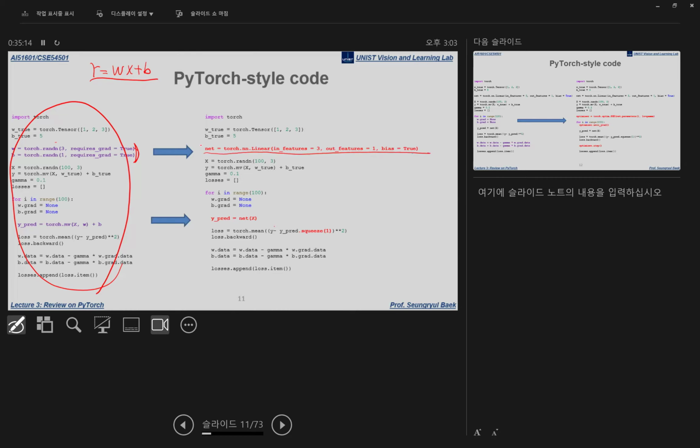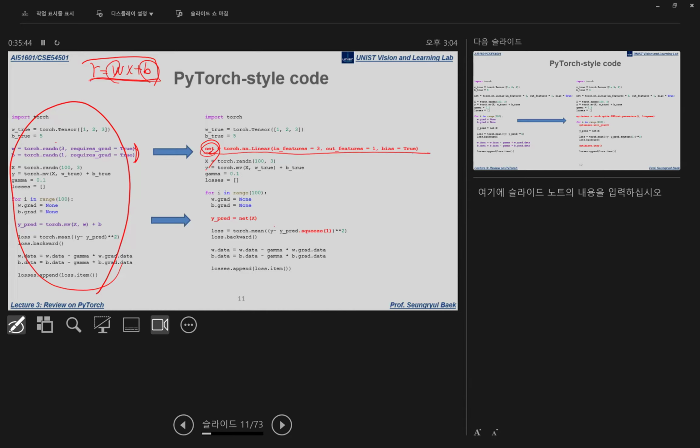So they make some net variable instead of using just W and B. Instead of directly accessing W and B, they access some net variable, which points to the network itself, not the parameters themselves. It is easier to implement big architectures.